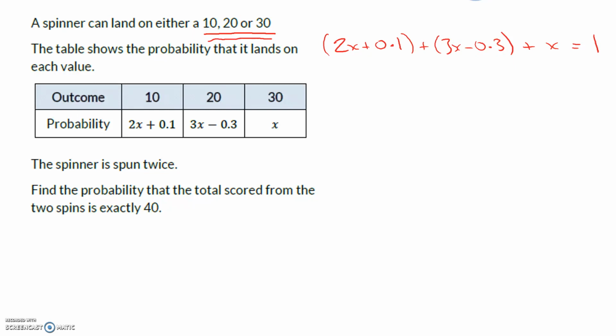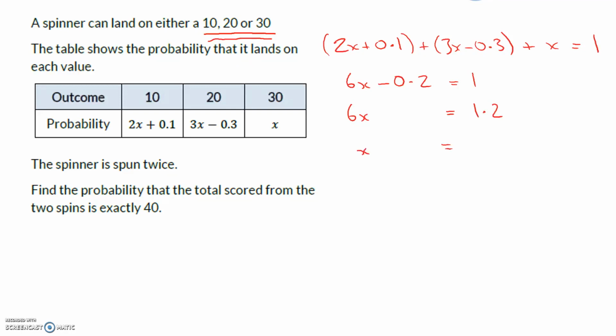We've got 2x plus 3x plus x, and make that 6x on the left hand side, and we've got 0.1 subtract 0.3 on the left hand side, so 0.1 minus 0.3, that's going to be minus 0.2, that equals 1. We can add 0.2 to both sides, that's going to give 6x equals 1.2.